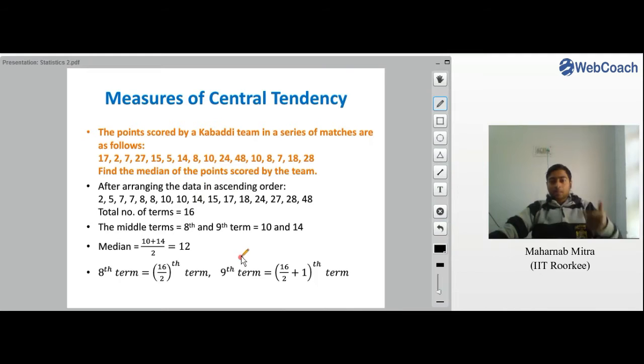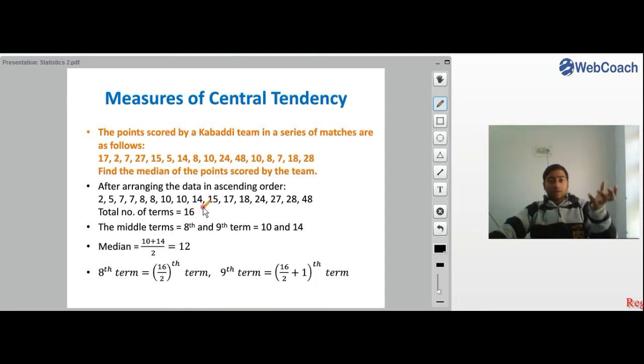We had not taken the average of 8 and 9. So be careful not to take the average of these two numbers, and always find the data corresponding to the terms you have got and take the average of those two numbers which are given in the data.